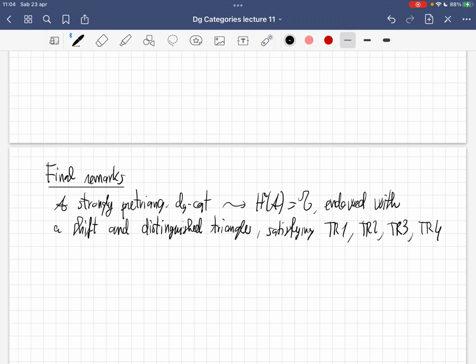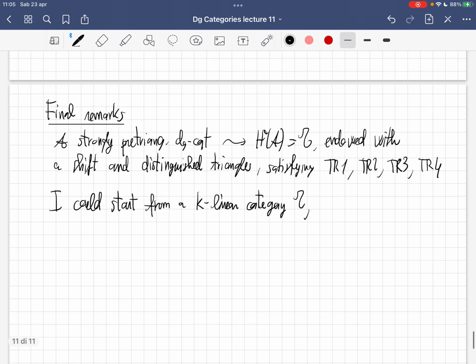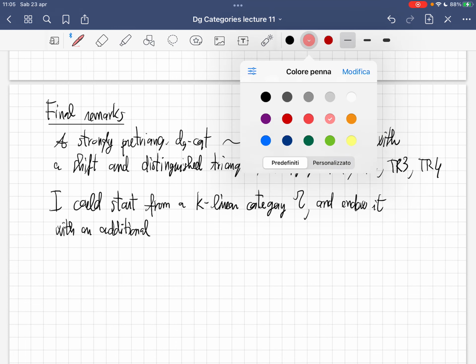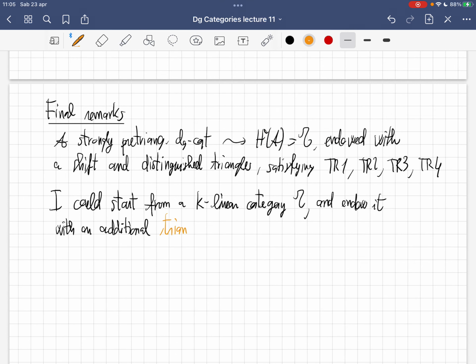Okay, but what I could do, and actually what historically was done, is start from some k-linear category T, and endow it with an additional so-called triangulated structure. What is that?